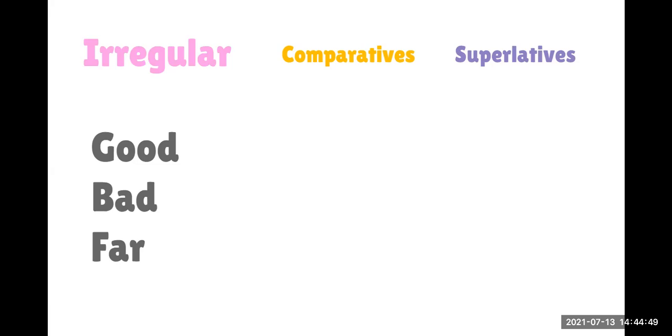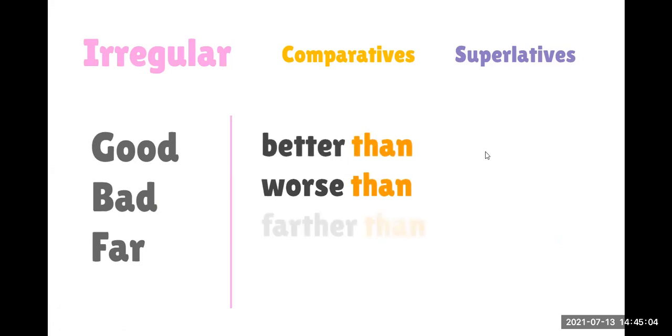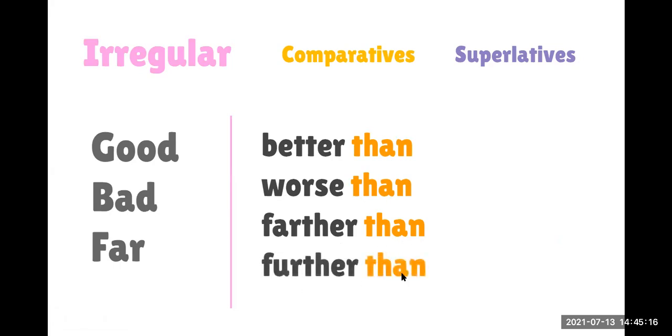So what is the comparative form of good? Better. Better than, right? And the superlative? Best. The best. Okay, so we can use better than or the best. Here we have for bad, we have worst. Worse than, and for far, we can have farther than or further than.